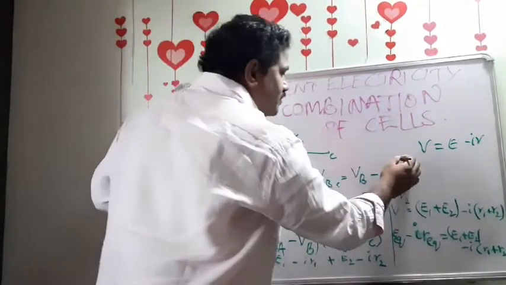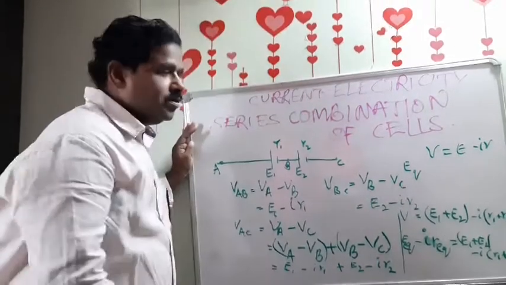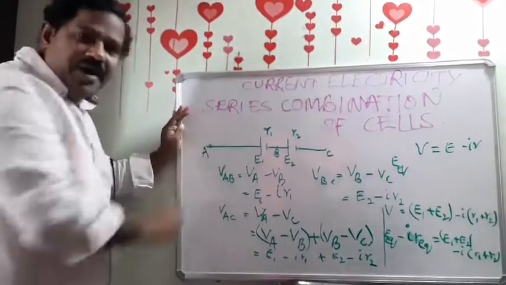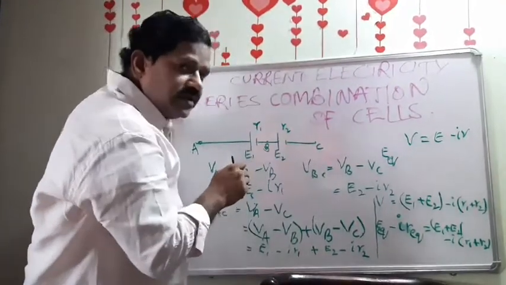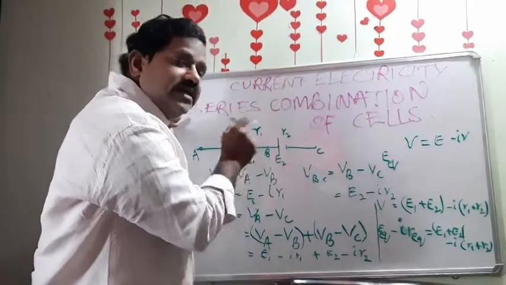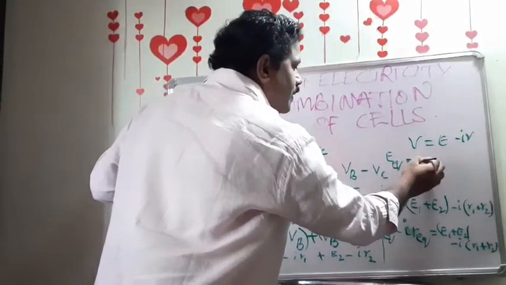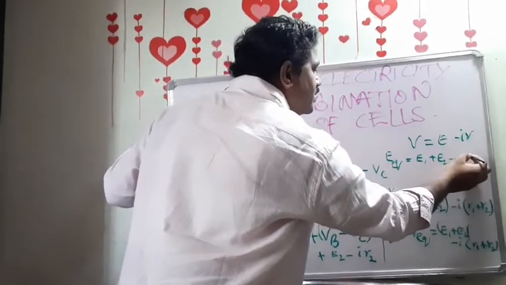Then the effective EMF of the combination of n cells is E1 plus E2 and so on up to En.